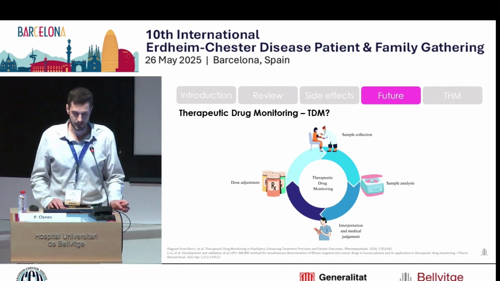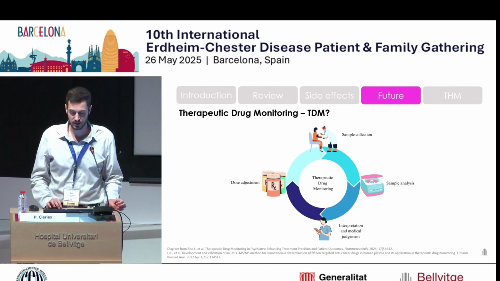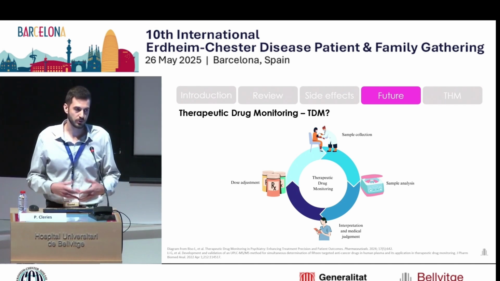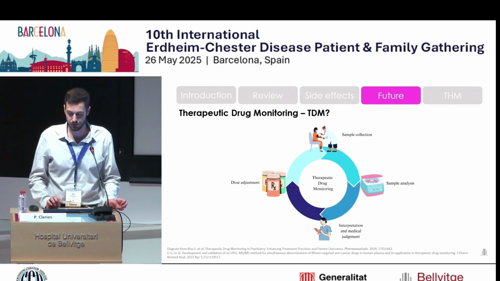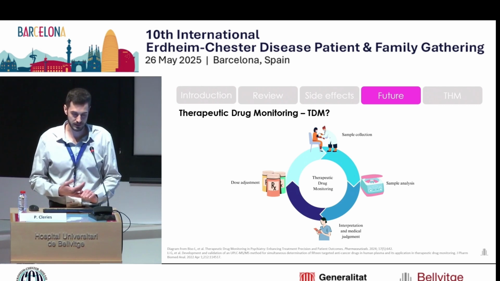The goal of this circuit is to actively monitor drug exposure in our patients in order to anticipate the appearance of side effects or even loss of efficacy. For each individual, we assess the right exposure, and that could allow us to make those changes before the patient experiences any discomfort or any side effects.